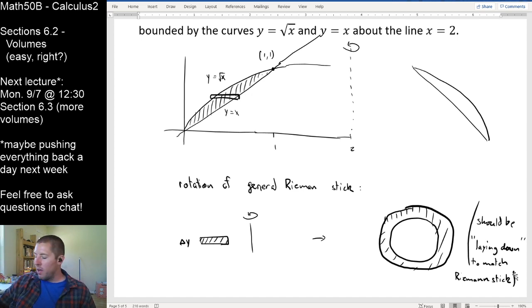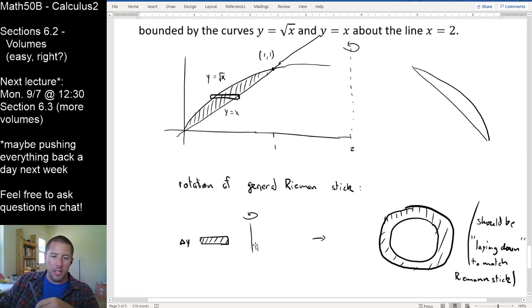So maybe here's my visualization of it. This axis of rotation right there, I'm picturing as my pencil. And I am taking a stick and spinning it around my pencil. That's going to create a washer because there is a gap between the object and the center of the rotation, the axis of rotation right there.